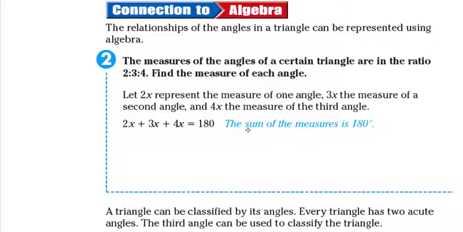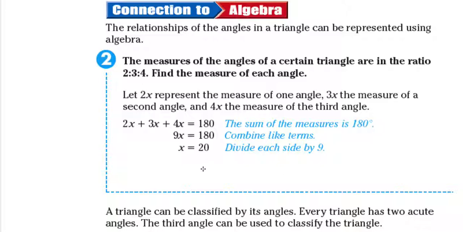And then we simplify 2x plus 3x plus 4x, which will give us 9x equals 180, and divide both sides by 9. End up with x equals 20.